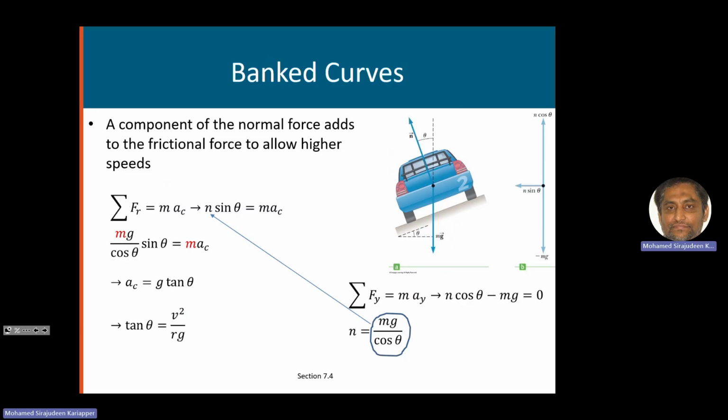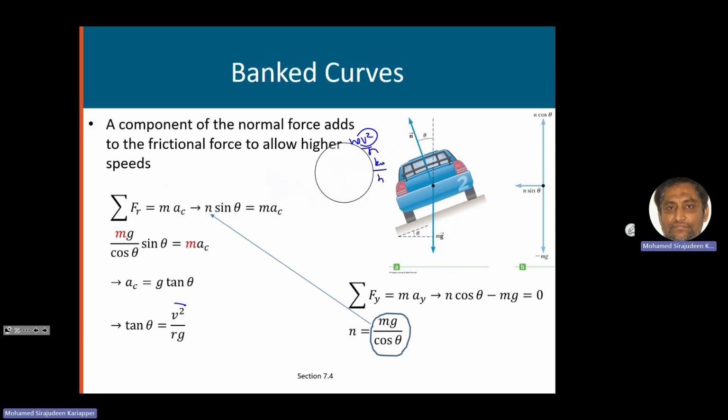The car will skid, right? If it is a flat road and you are going at a speed of, say, 200 kilometers per hour, even the maximum friction force will not be enough to provide that m v squared over r, because the speed is so huge. So the car will skid. It will fly away from that circular path.